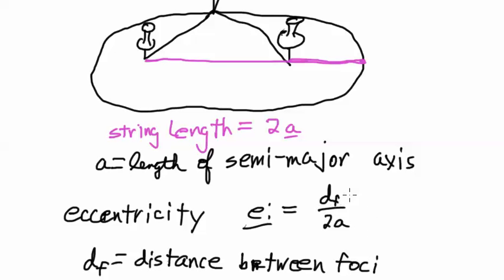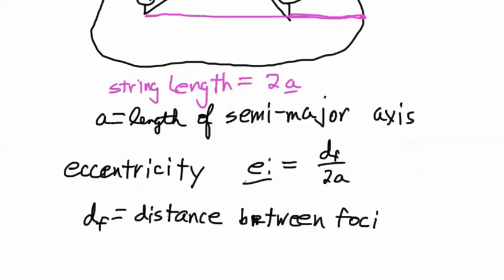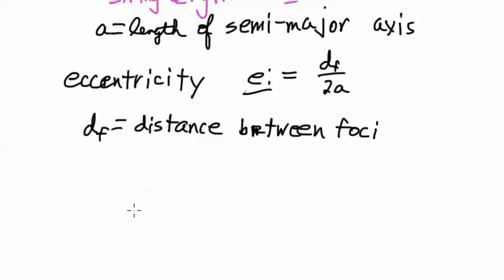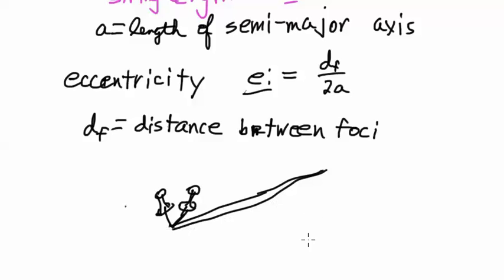So let's look at 2 examples of this. One with a perfect circle. If both thumbtacks were placed at exactly the same point and the string was tied to them, and then moved around, it would make a perfect circle.